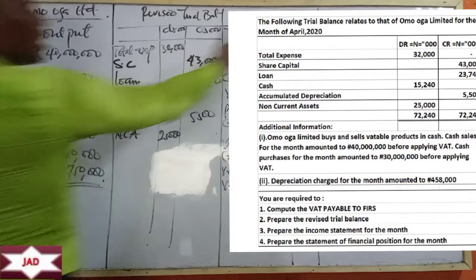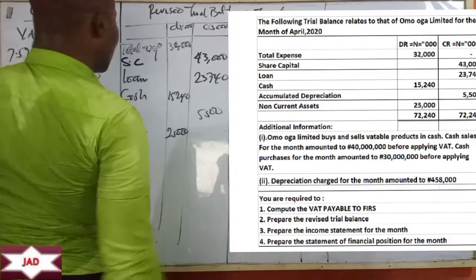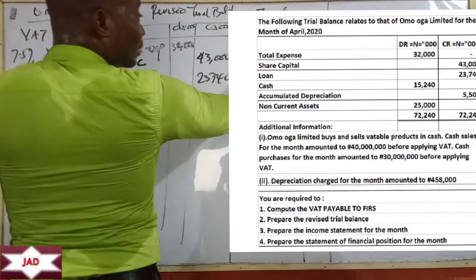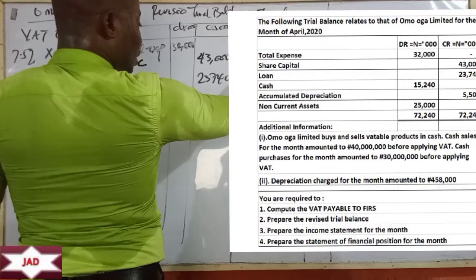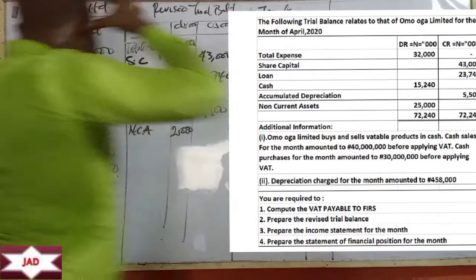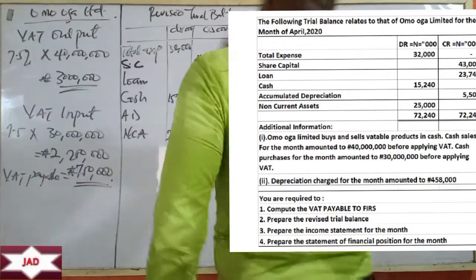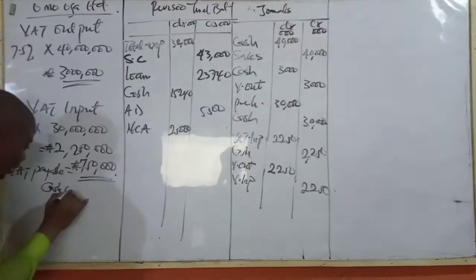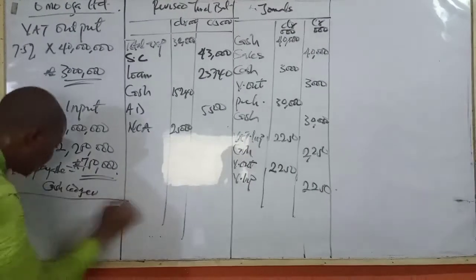So now we bring the journals in. Let's bring the journals in. We have cash here, debit. So if you now open your ledger, let's do our cash ledger here.